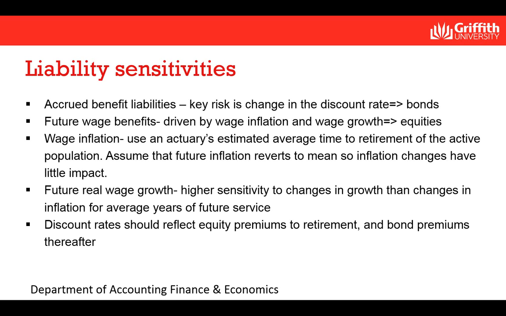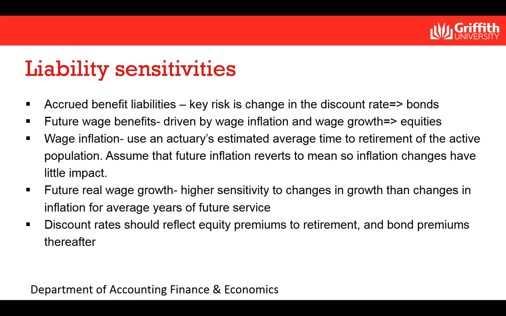For future real wage growth, sensitivity to changes in future wage growth is approximated by average future service of 11 years, as future real wage growth only applies until retirement. But we assume changes in growth to persist for longer than we assume for inflation, so it has a higher sensitivity.